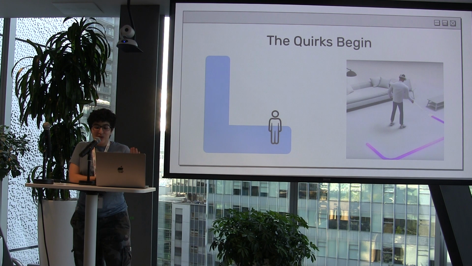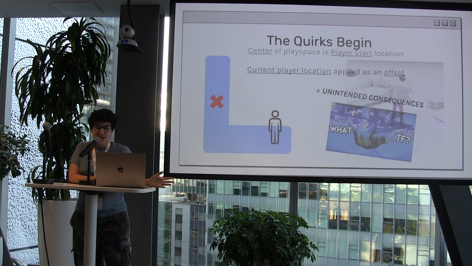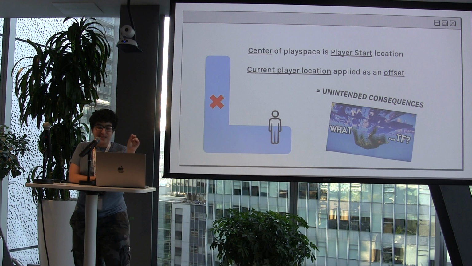When you make a play space, you can make it whatever shape you want. So when I was testing in a classroom, and there were a bunch of chairs and tables, I ended up making a very strange L shape. When I started loading up the game, in one corner of the L, I'd sometimes spawn into a different room, or I'd fall through the map. So what was going on? It turns out the center of the play space is what the game engine considers the player start location.